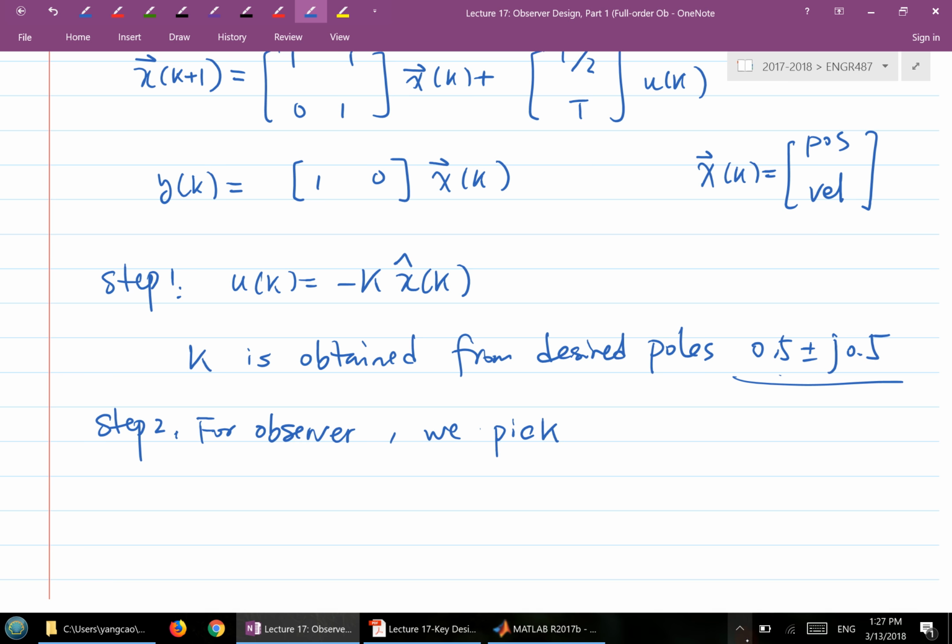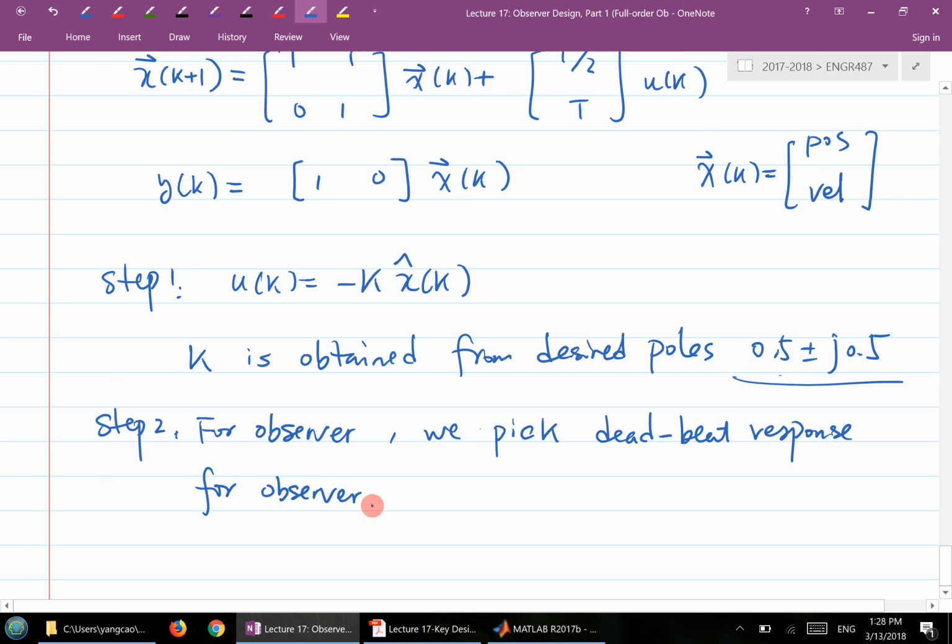What we want to pick is the so-called deadbeat response for the observer.